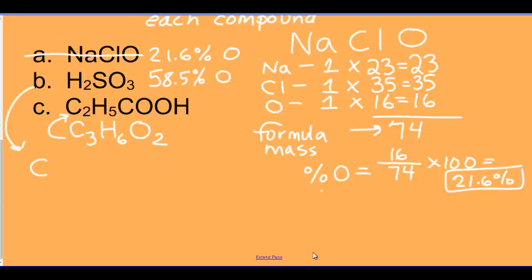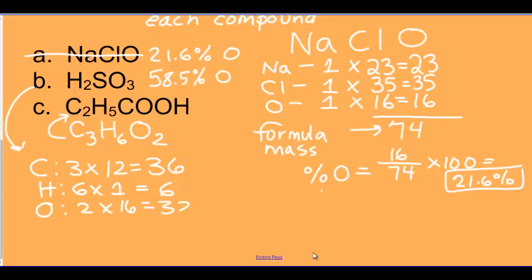Carbons we have 3 of, times 12, is 36. H's we have 6 of, its mass is 1. And O's we have 2 of, whose mass is 16. We add those up and we get 74.